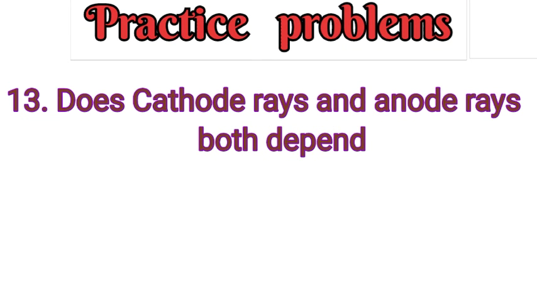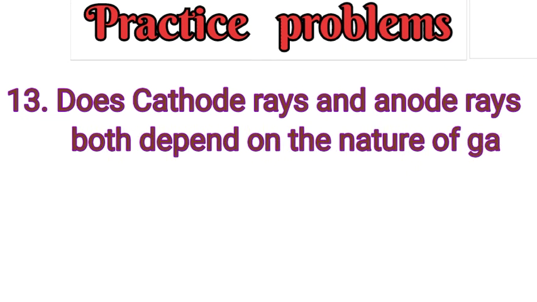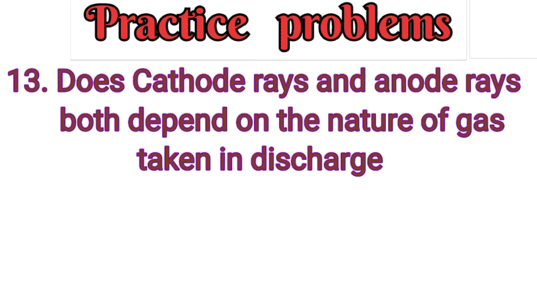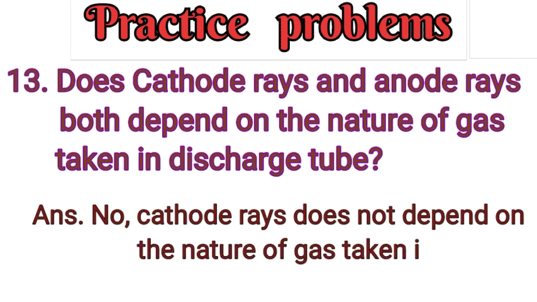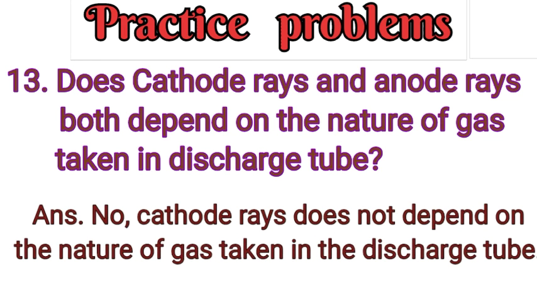Now let's see the next question. Do cathode rays and anode rays both depend on the nature of gas taken in the discharge tube? So we already know that cathode rays do not depend on the nature of gas taken in the discharge tube. Only anode rays depend. Okay.